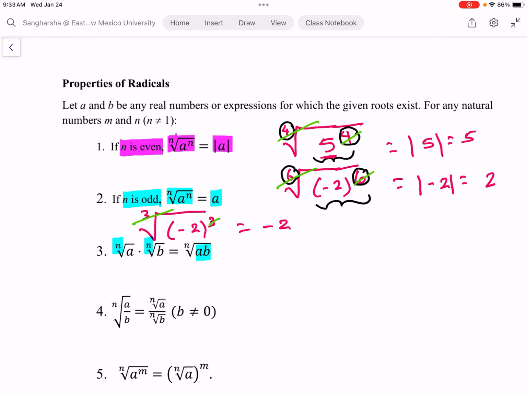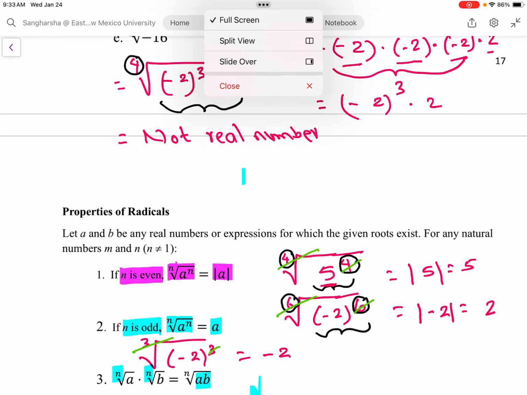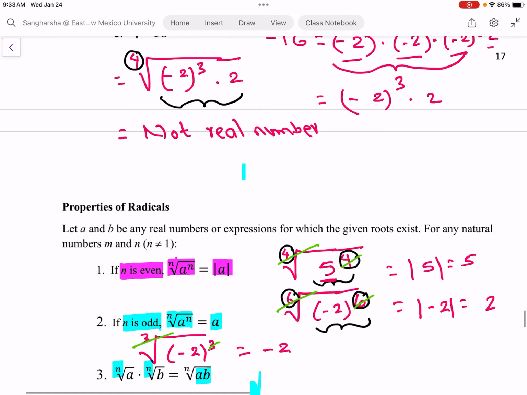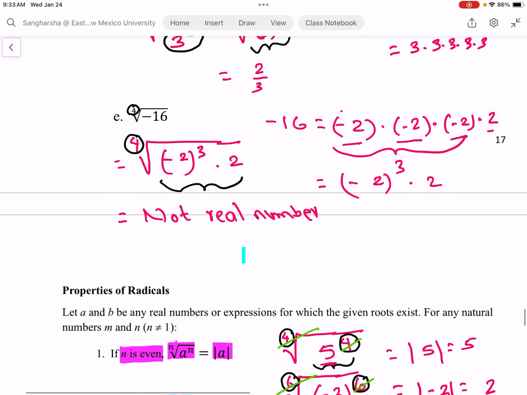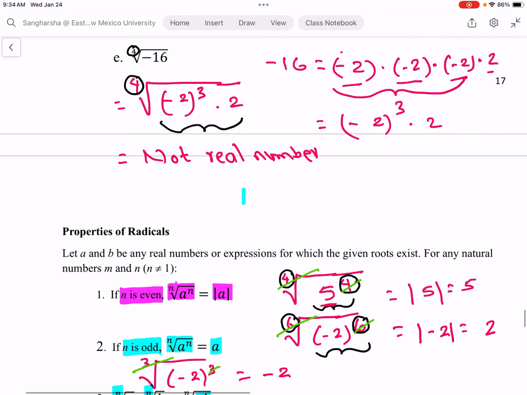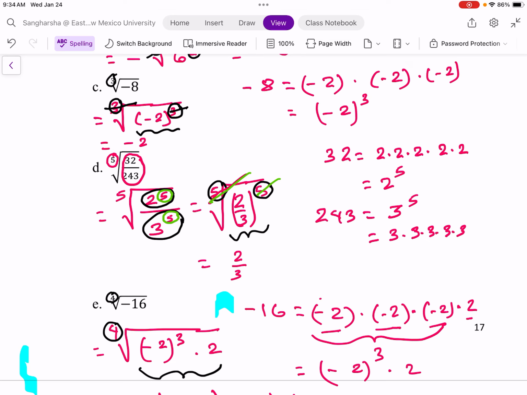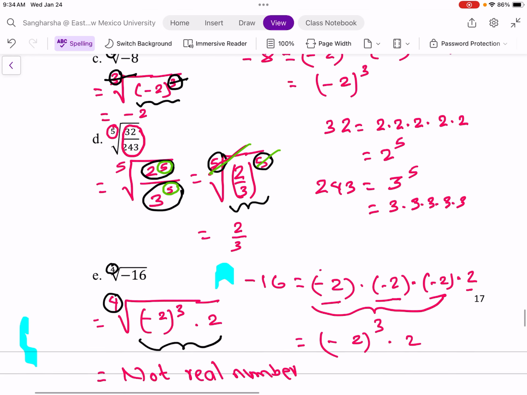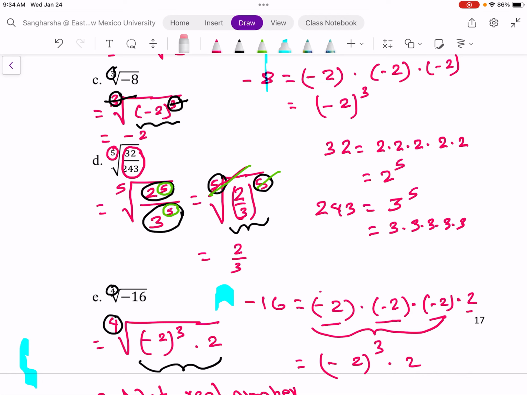So here let's take, we have, okay, I'm trying to change my highlighter into a pen, and okay, now here I can see it.